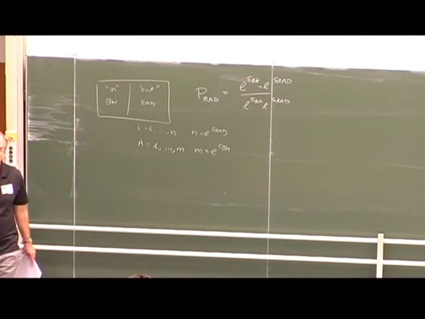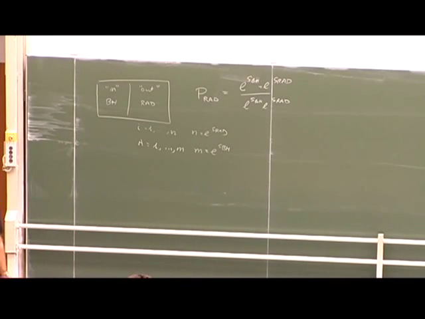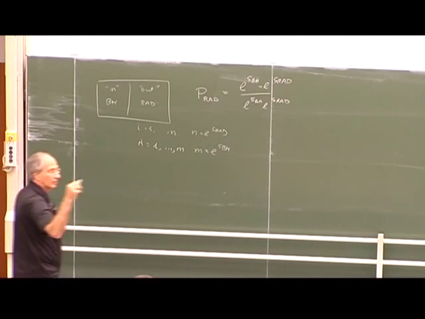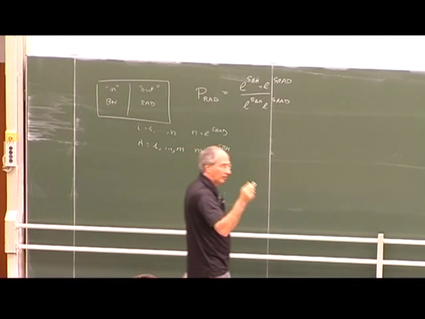The purity of the radiation density matrix was e to the S_BH plus e to the S_rad divided by e to the S_BH, e to the S_rad. Okay, so this is the result that we arrived at, and you remember we calculated using averages over random vectors.